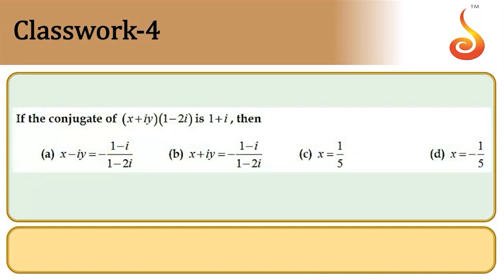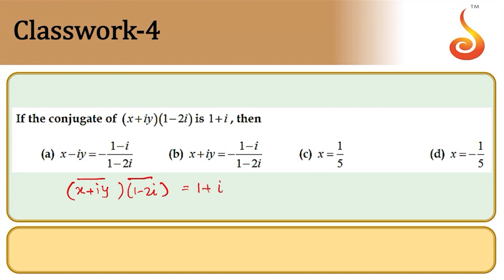Example 4. The conjugate of this one is 1 plus i. It means x plus iy into 1 minus 2i, whole bar, is given as 1 plus i.